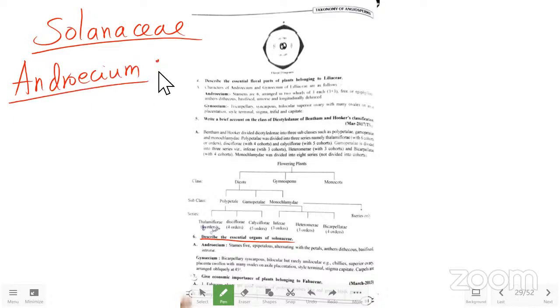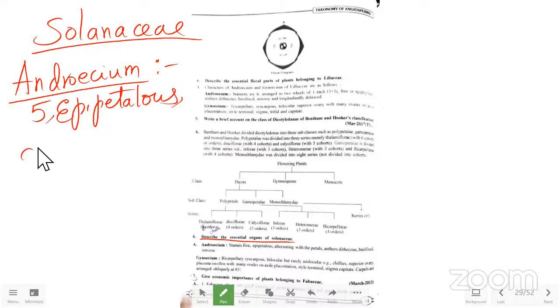In this androecium, what do we have to write? How many stamens are there and how they are arranged? Stamens are 5 in number and attached to the petals at the base. That is called the epipetalous condition.